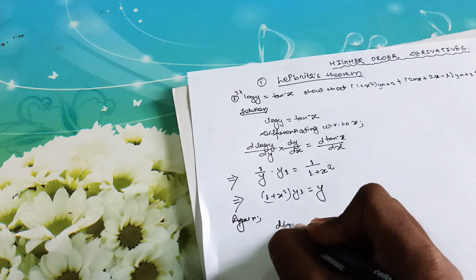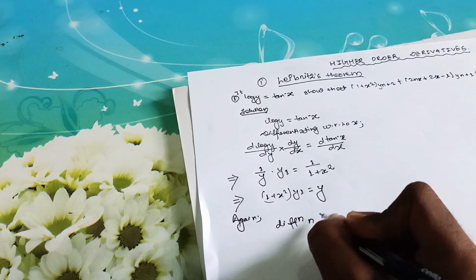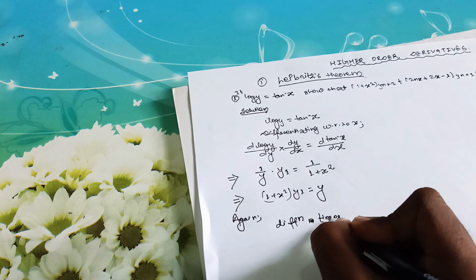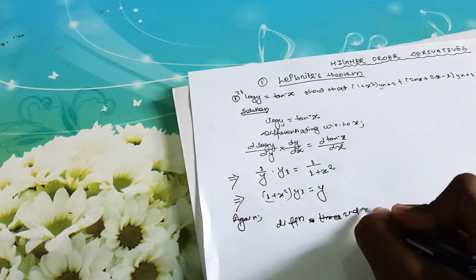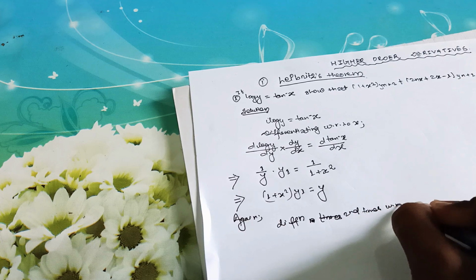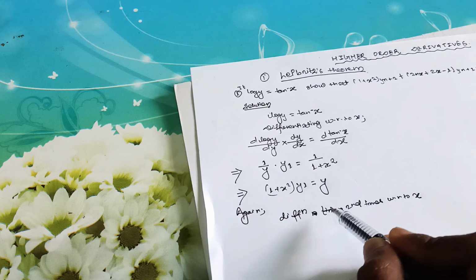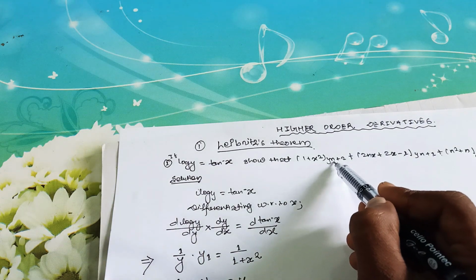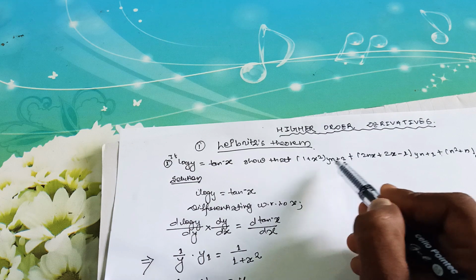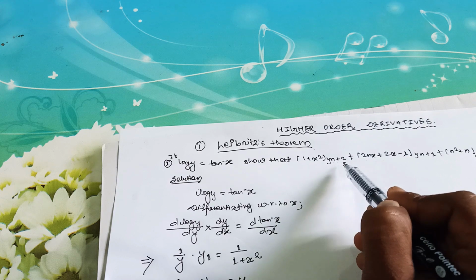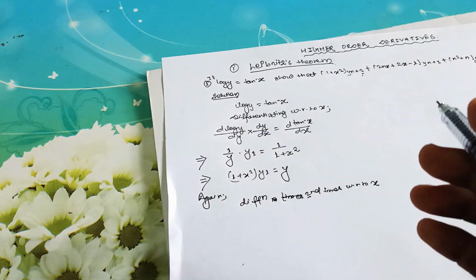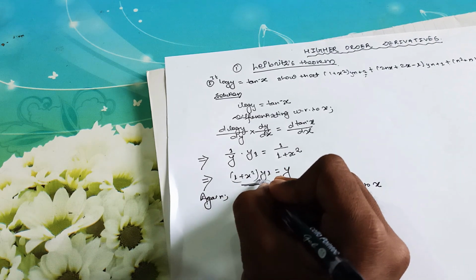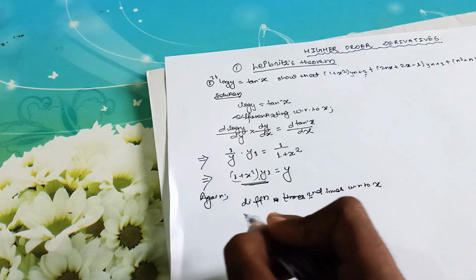So differentiating second time with respect to x. Why should we differentiate it second time? Because we have to prove the n plus 2 term, the second derivative, so we have to differentiate it 2 times, and this term is in product form, so we use the product rule.